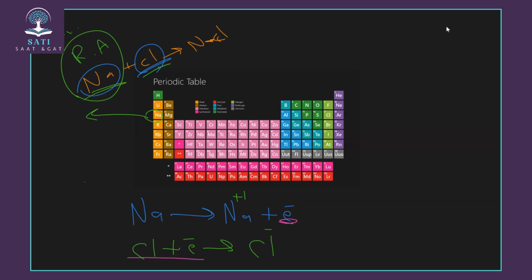This other process we call reduction, and the electrons you are going to find on the left of the equation, because it is gaining electrons. So gaining electrons will usually be on the left of the chemical equation, while losing electrons you will find on the right side of the equation.